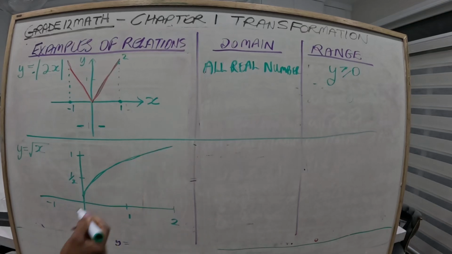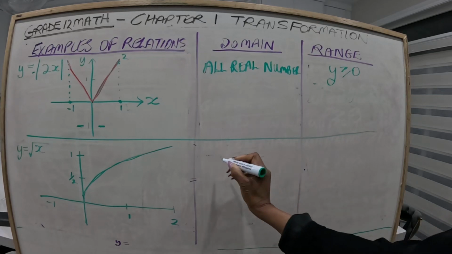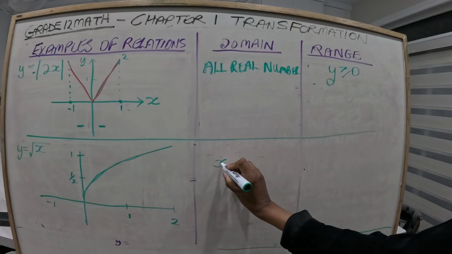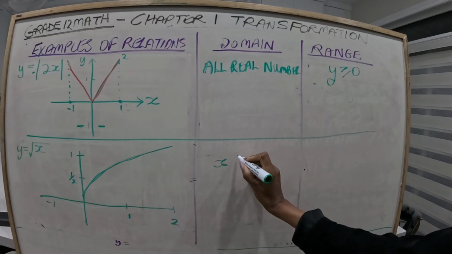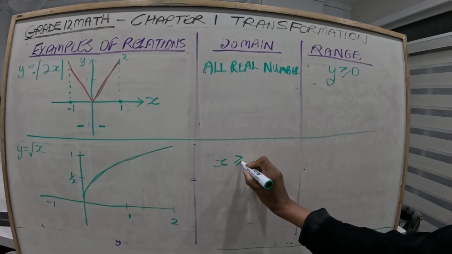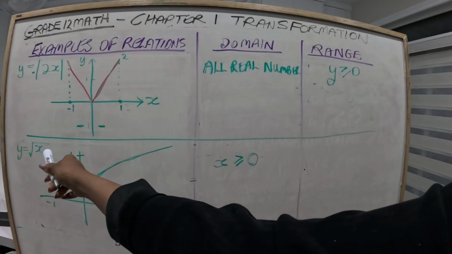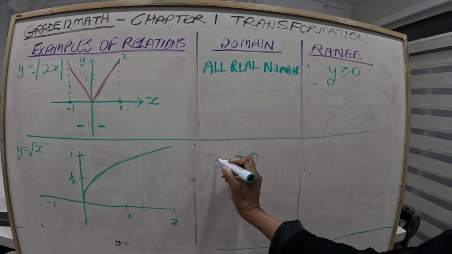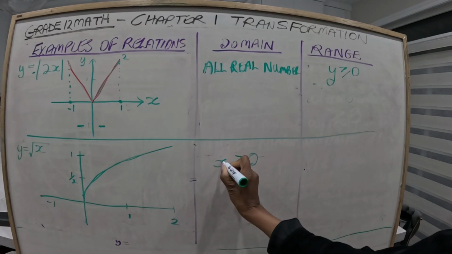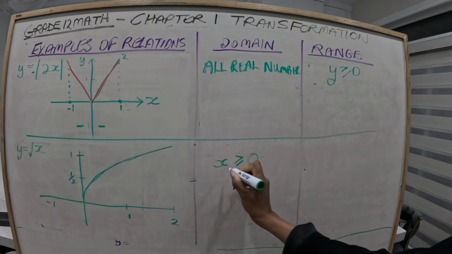It's not perfect. So what does that mean? For any square root of x, that's the value of y. So we can plug that number in at any given time. But what that means is x will always be greater than or equal to 0 because you cannot find a square root of anything negative. Remember that? So the value of x will always be greater than or equal to 0.